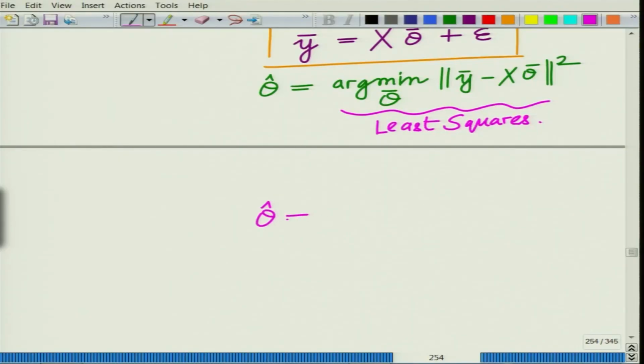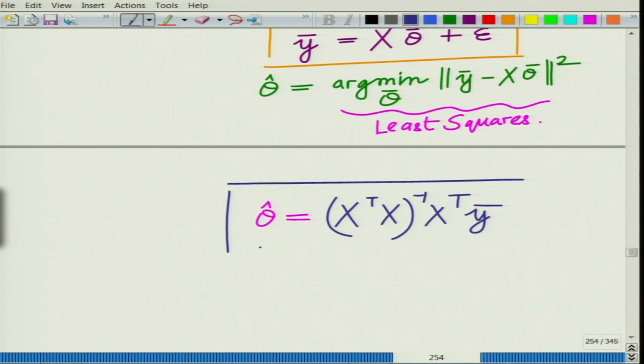So, theta hat again is given by the solution to the least squares problem, that is, it is given by x transpose x inverse x transpose y bar, all right.